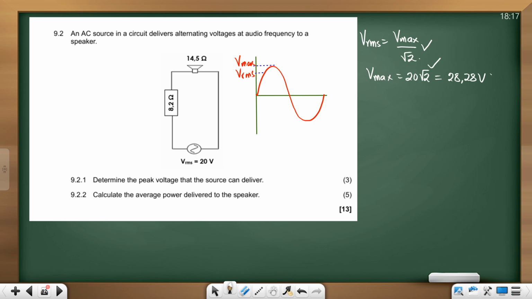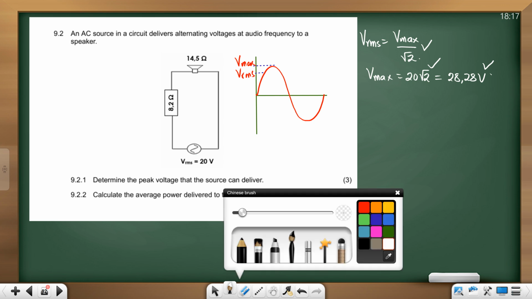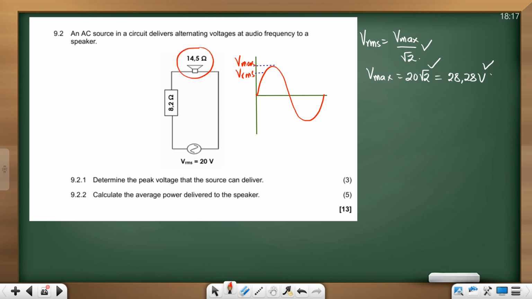Calculate the average power delivered to the speaker. What do you know about the speaker? The speaker has a resistance of 14.5. How do you calculate power?